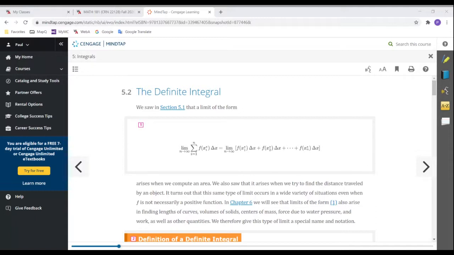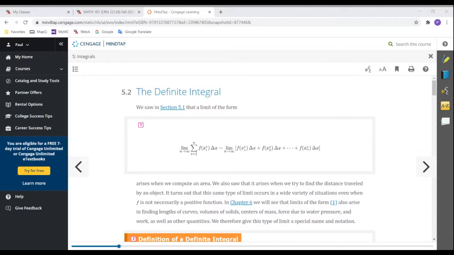And of course, if we take the number of subintervals and let n go to infinity, sometimes we can find the exact area underneath the curve. And we saw an example of that. And this really leads us into section 5.2, which is the definite integral.